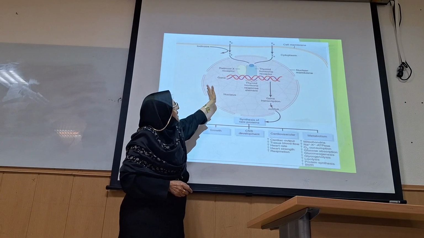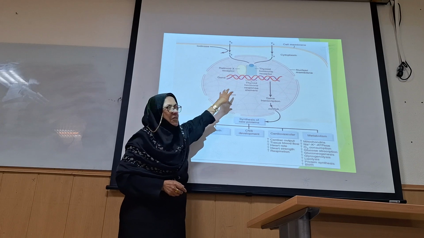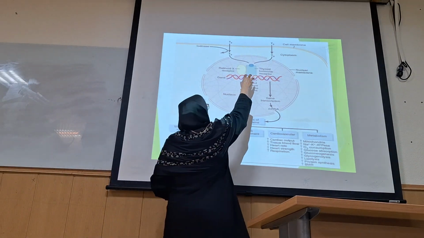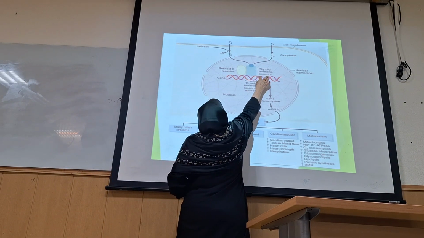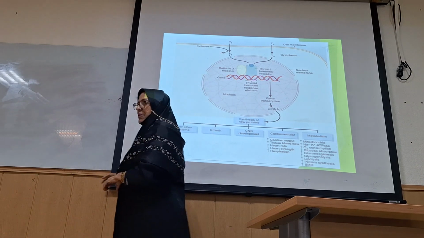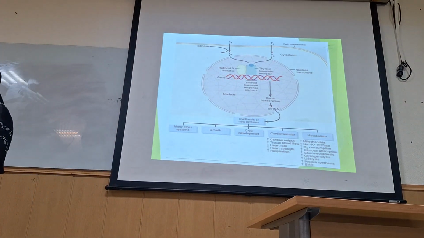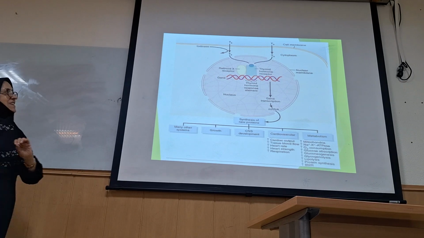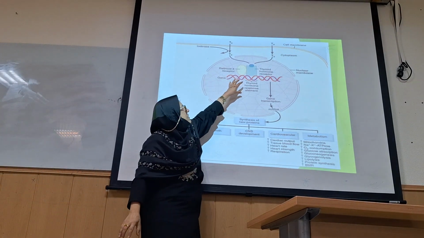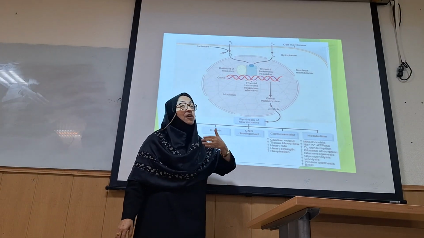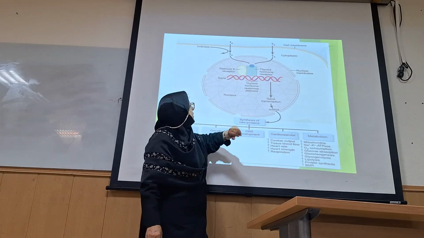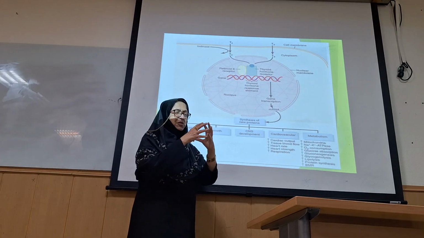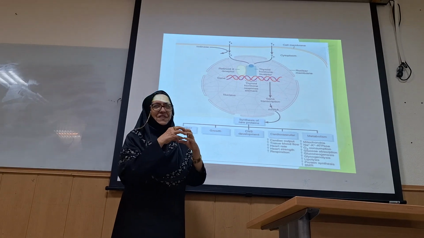They pass from the cell membrane and enter the nucleus. In the nucleus, located on the DNA bond, we have important receptors for thyroid hormones. Therefore, thyroid hormones combine with the nuclear receptors.